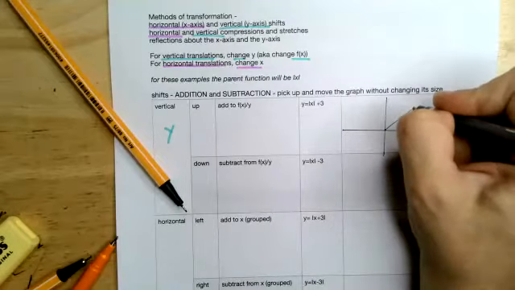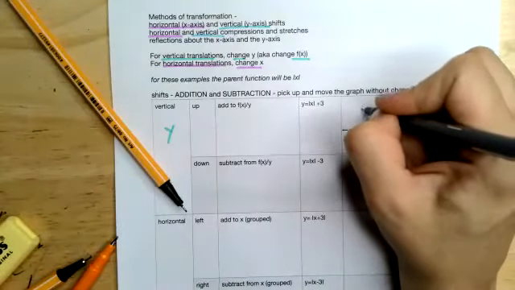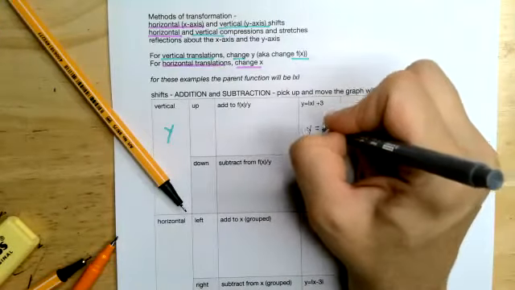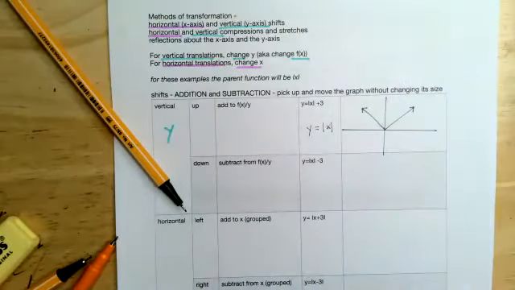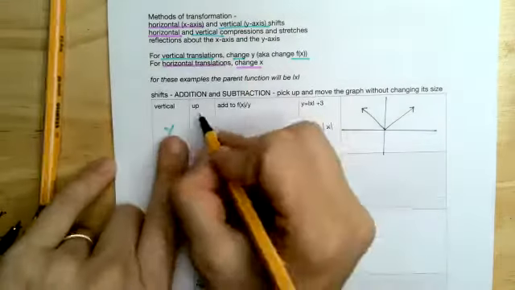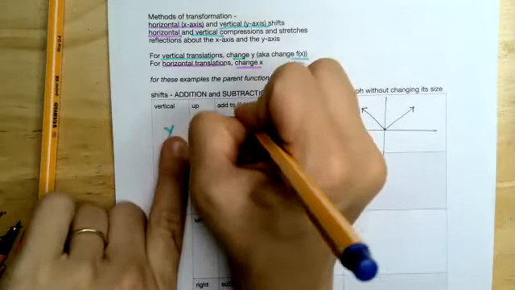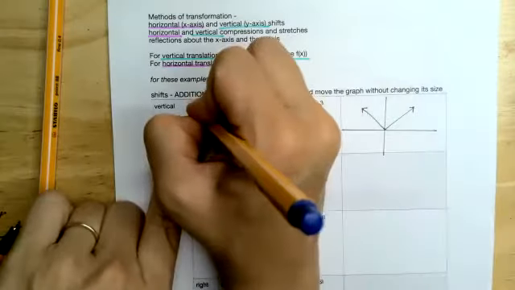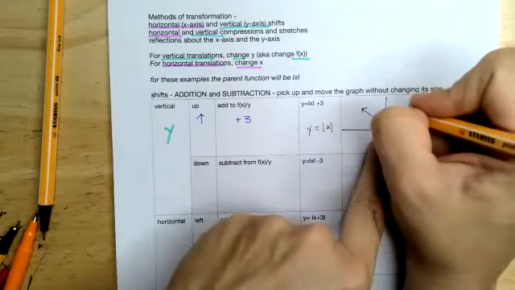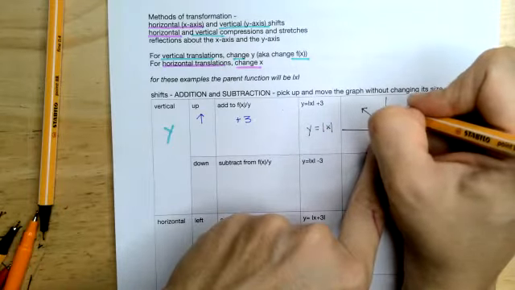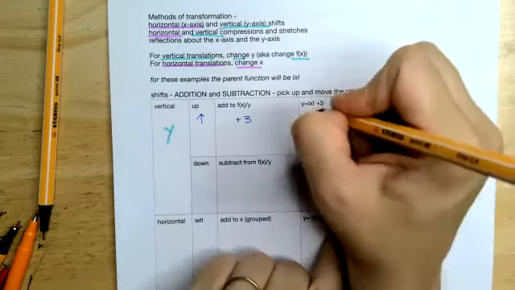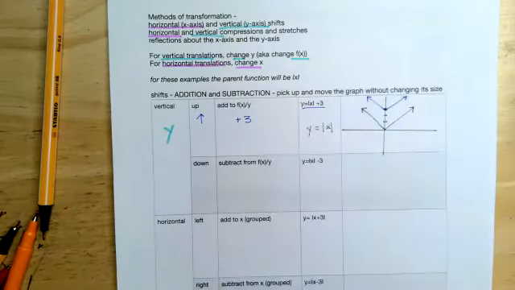Absolute value of X looked like this. But what's the absolute value of X plus 3 mean? It means I moved it up. Zero, zero now becomes 0, 3. Good.